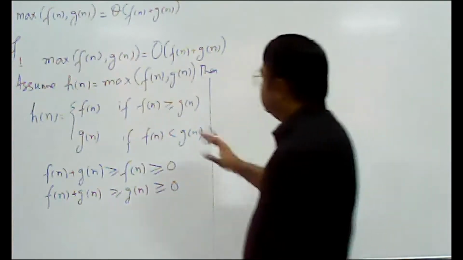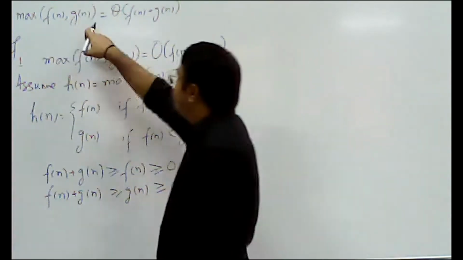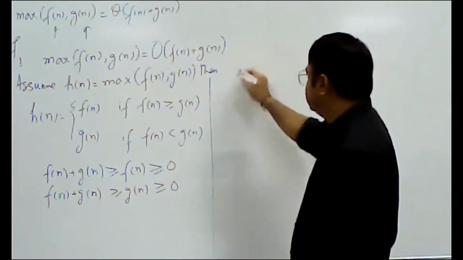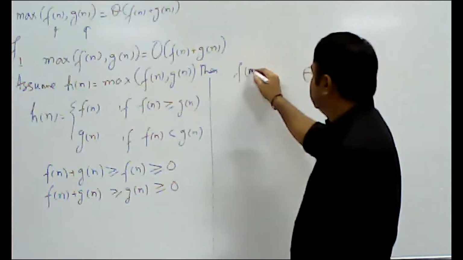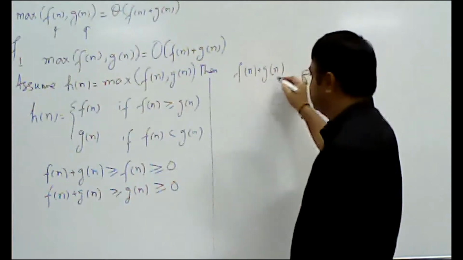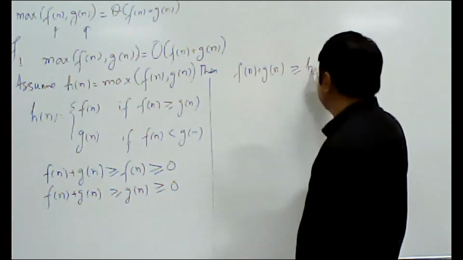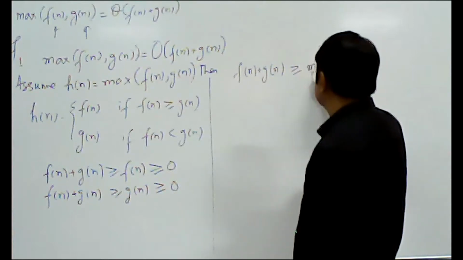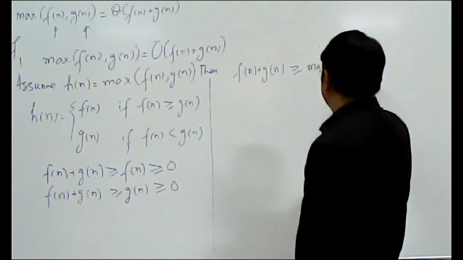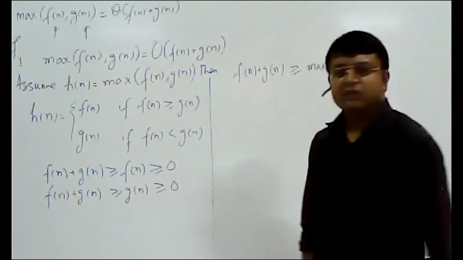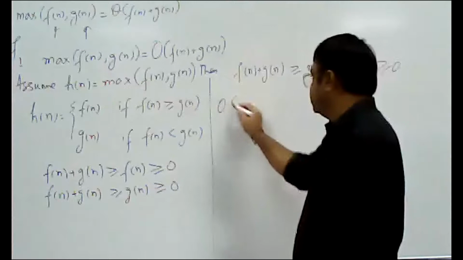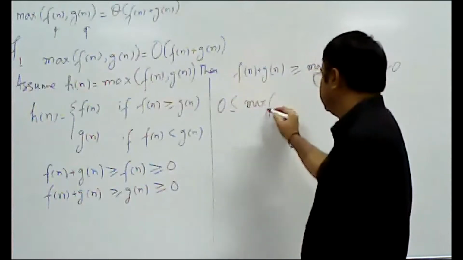Now see here. Max of f(n), g(n) will be either f(n) or g(n). So it is obvious that f(n) plus g(n) is greater than or equal to h(n), or we can write, max of f(n), g(n), which is greater than or equal to 0.